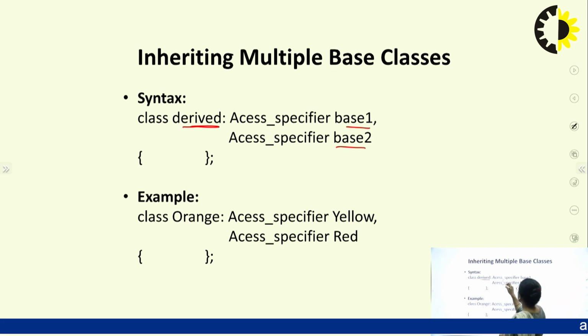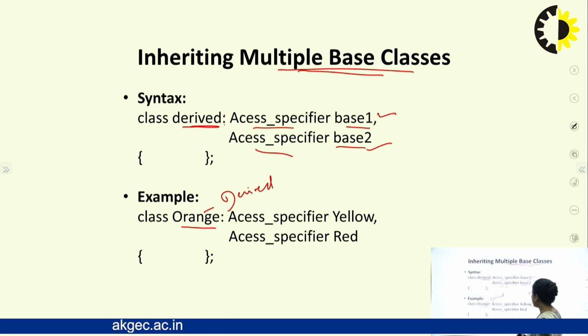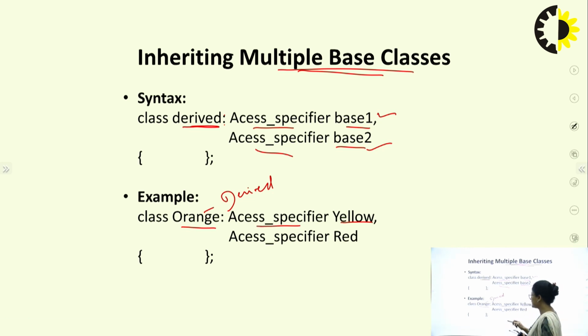The syntax is: you give the derived class name followed by a colon, and then you give both base class names, each prefixed by an access specifier. Let us say orange is a derived class inheriting from class yellow with public inheritance, and from class red with protected inheritance, and then we give the body of the orange class. This is how the syntax follows.